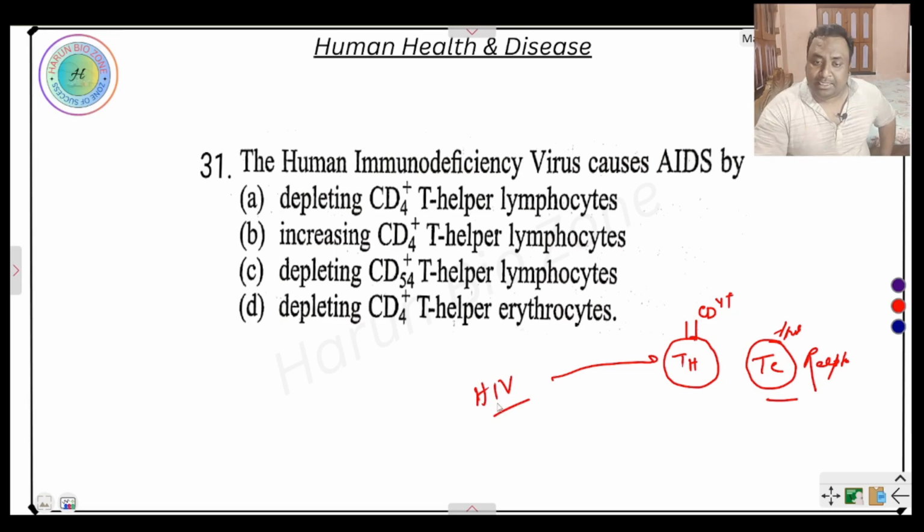So if the HIV attacks, the helper T cells are destroyed. If helper T cells are destroyed, there is no antibody in our body, so our body becomes totally vulnerable to any disease. So here depleting CD4 plus T helper lymphocyte, A is the correct option.